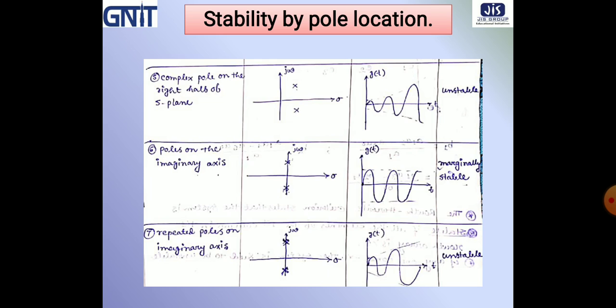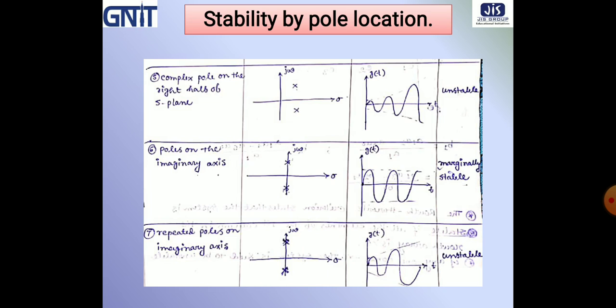And if poles are present on the imaginary axis, then the impulse response will be a sustained oscillation. And this is our marginally stable case. Not stable, not unstable, in between stable and unstable, that is the marginally stable state. So if the complex poles are present on the imaginary axis, then the system will be marginally stable. And if repeated poles are present on the imaginary axis, then the response will be unstable.